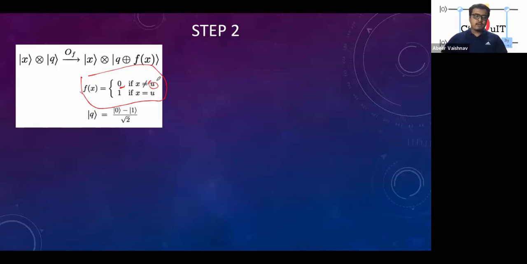We're trying to find u, the state u in this case. So if x is not equal to u, then it returns 0. Otherwise, it returns 1 when x is equal to u. And this q is our ancilla qubit, and it is initialized in the minus state. So 0 minus 1 divided by root 2, which is the minus state.